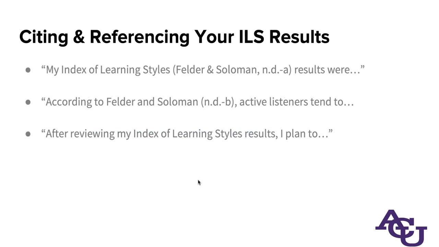If you're wondering how you might cite and refer to these, well, the first time you mention it, you absolutely want to have a full citation. My Index of Learning Styles results were blah, blah, blah. And you can see that after the name of the questionnaire, Index of Learning Styles, that's where you put the author and date information.